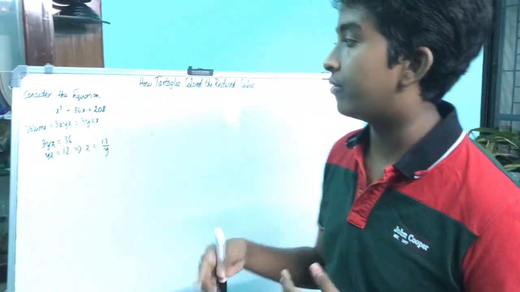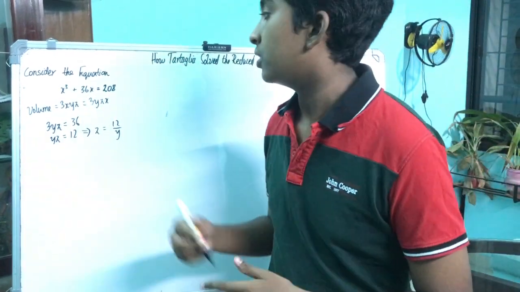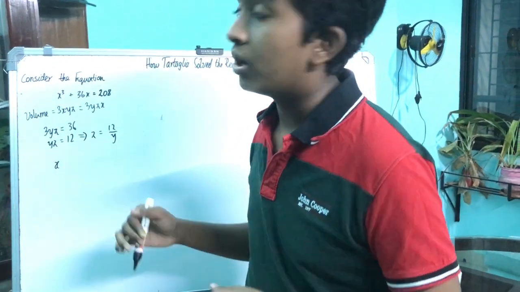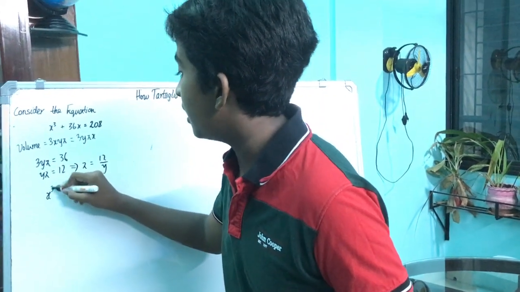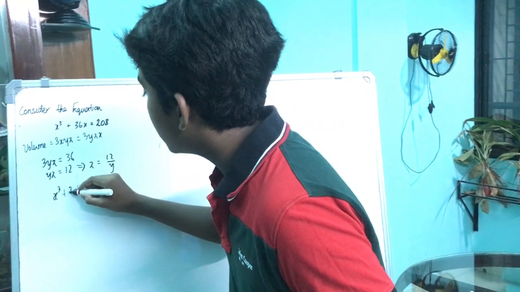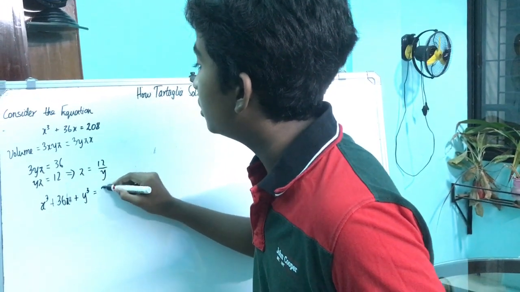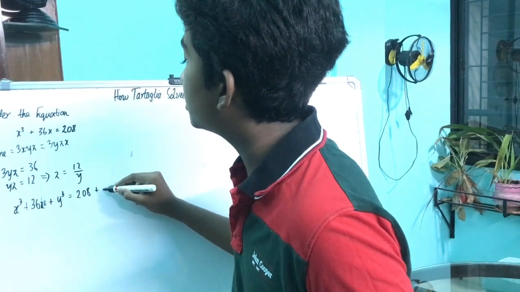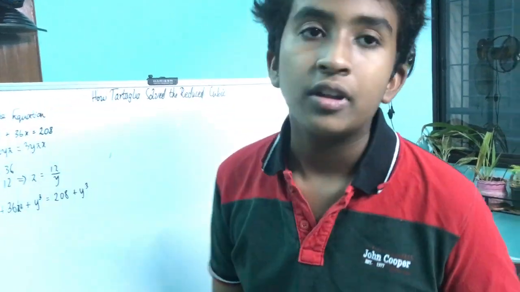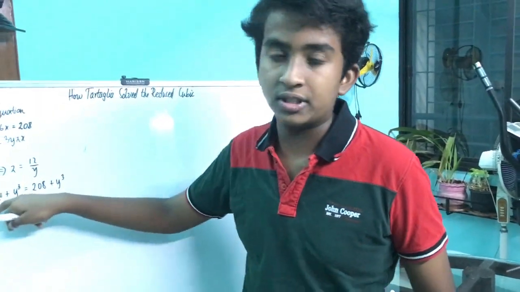But since when we do something to the LHS, we also have to do something to the RHS. So since we added a volume of y cubed, we can add it to the right side: x cubed plus 36x plus y cubed equals 208 plus y cubed. Now this is the cube and its volume is this.